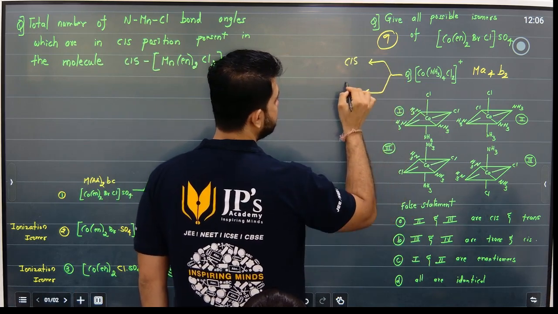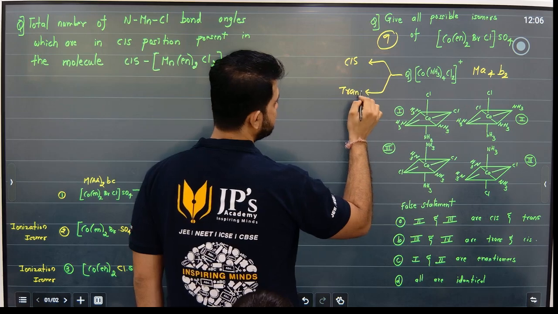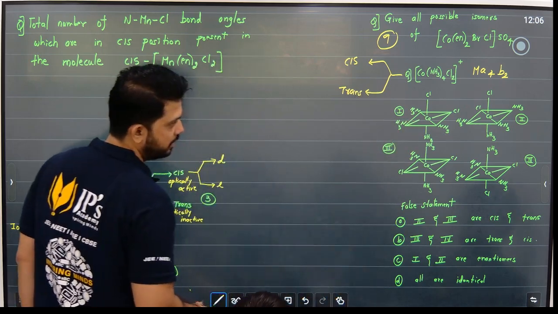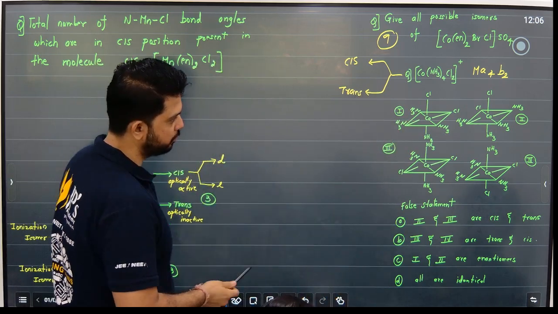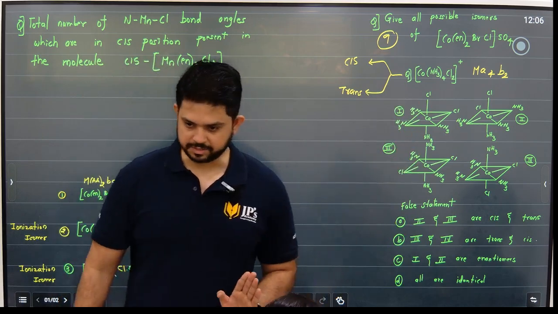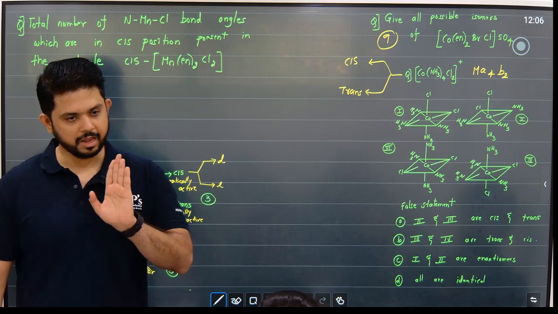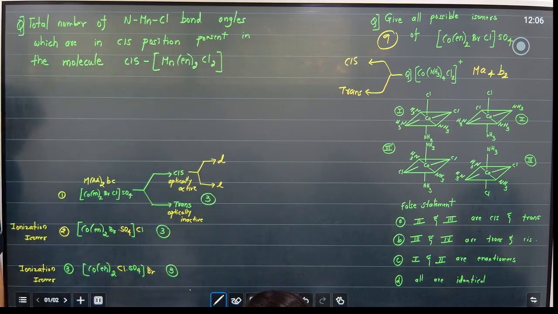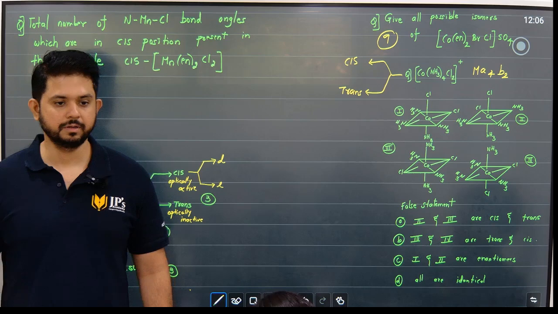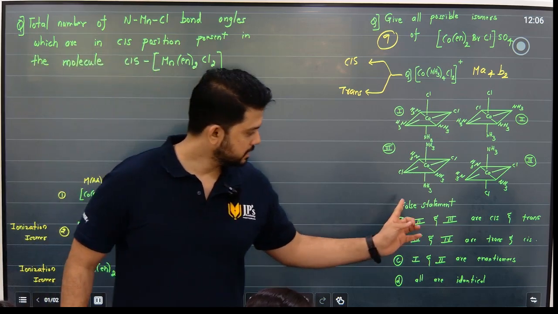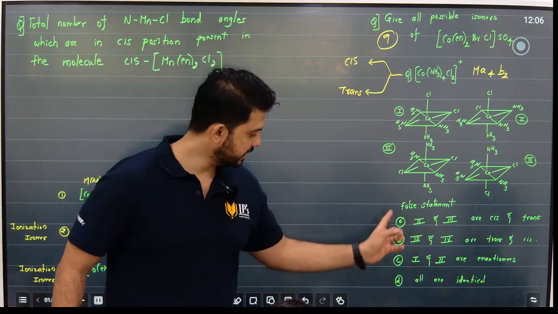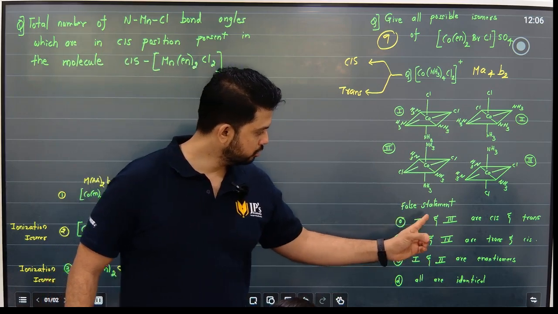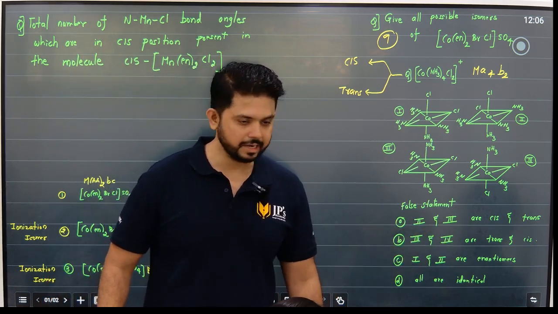We are not making these, because they have already given them to us. Okay. These are the 4 forms that they've given us. So how do we start this? Let's compare. First statement. We have to find the false statement out of the 4. First, 2 and 3 are cis and trans.